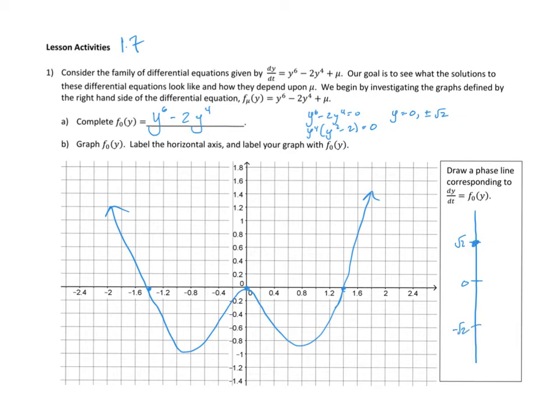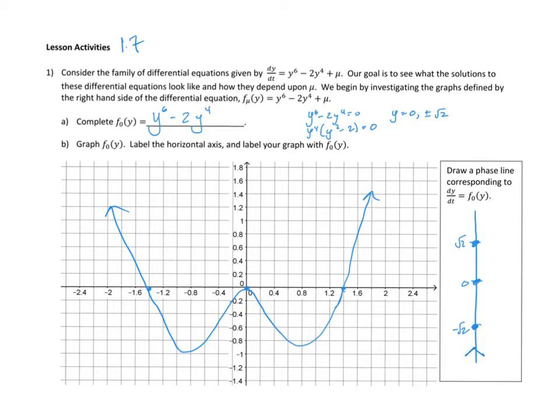There are my equilibrium points. And any place where dy/dt is positive, we put an up arrow. On this part, it's above the x-axis, so it's positive, so I'm going to put an up arrow down here, to the left of negative root 2.